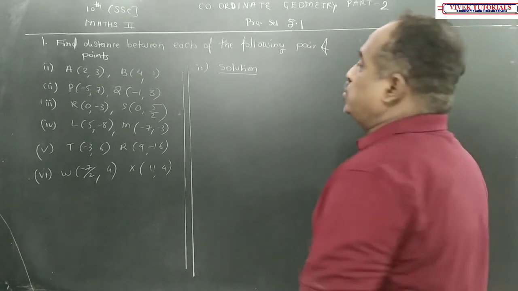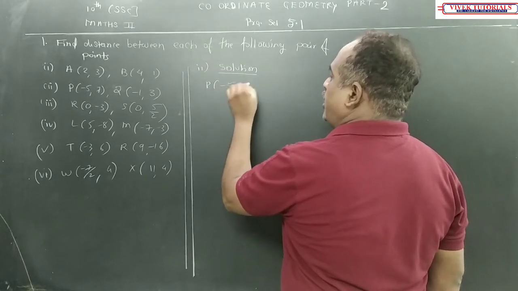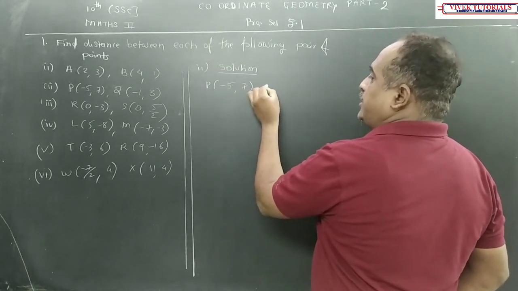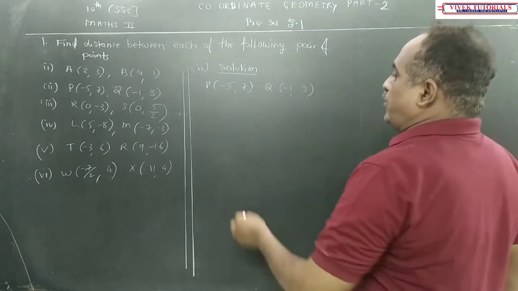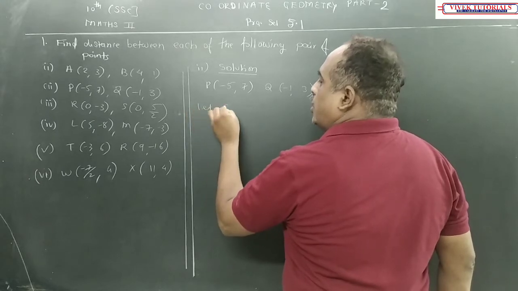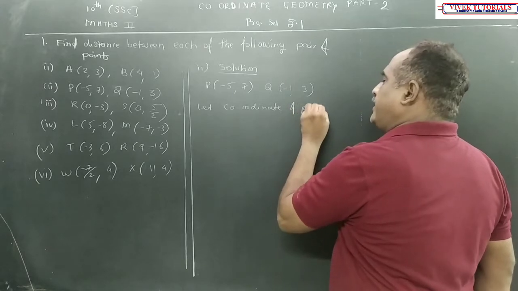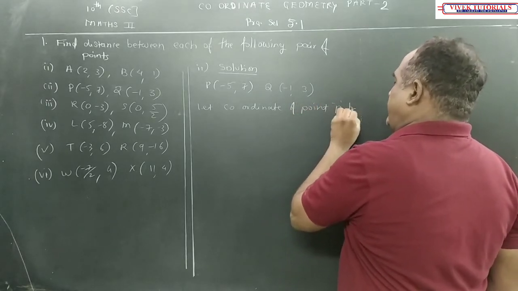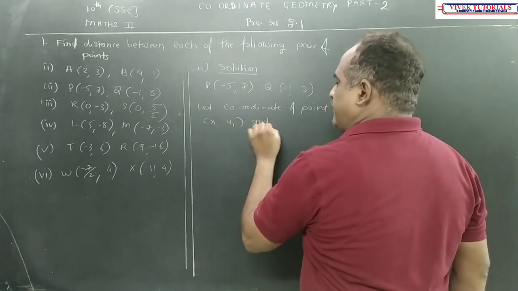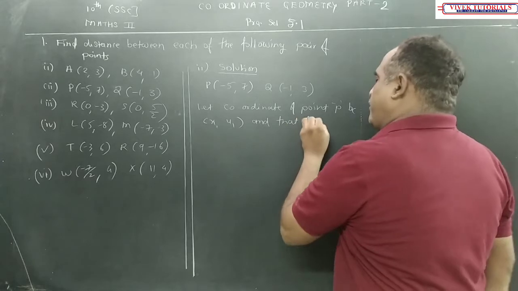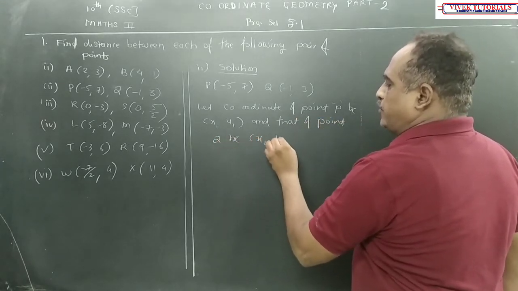Now, question number 2. Solution for it. P has coordinates minus 5 comma 7 and Q has coordinates minus 1 comma 3. What are you going to write? Let the coordinates of point P be x1, y1 and that of point Q be x2, y2.